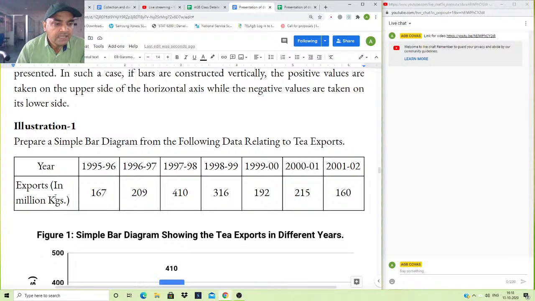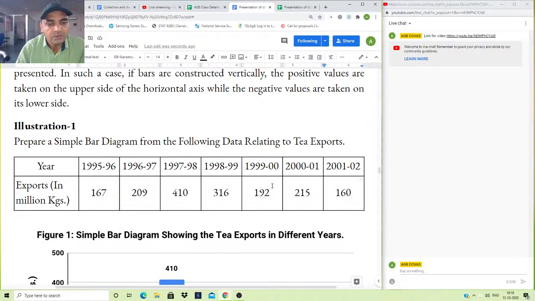This table has one variable. In 1995-96, 167 million kg of tea was exported. In 96-97, 209. Then in the next years it is 410, 316, 192, 215, and 160, and so on. We will make a bar diagram of it.